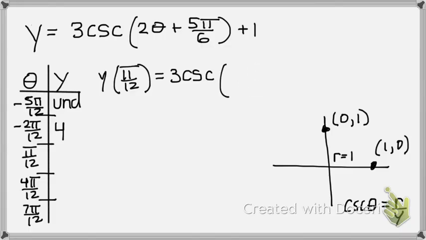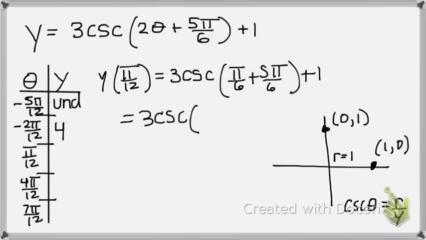So I'm just going to call that pi over 6 plus 5 pi over 6 plus 1, 3 cosecant 6 pi over 6. That's pi plus 1. And this will be the last one that I show you because you can do these on your own. But here it's negative 1, 0.